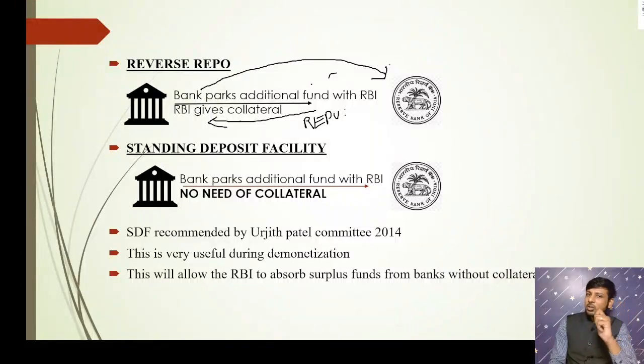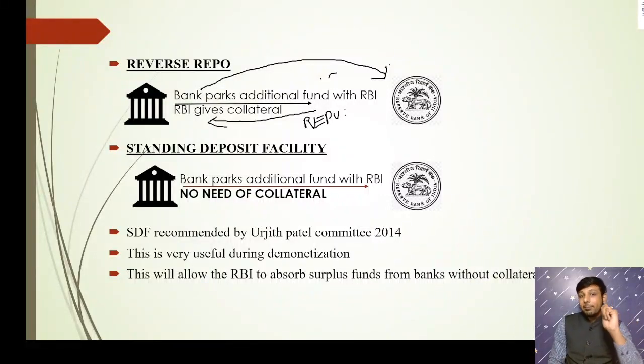So it is similar to repo. Therefore, collateral has to be kept and a repurchase agreement has to be made. But in the repo, these two things are kept by the bank with the RBI. In the reverse repo, as a reverse to the repo, the RBI will keep the collateral with the bank and the repurchase agreement with the bank. After maturity, the RBI will get back its collateral by paying the money owed to the bank.